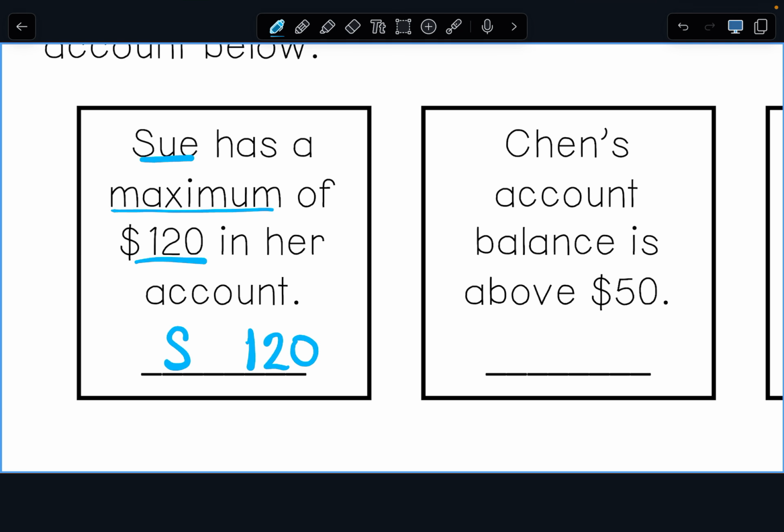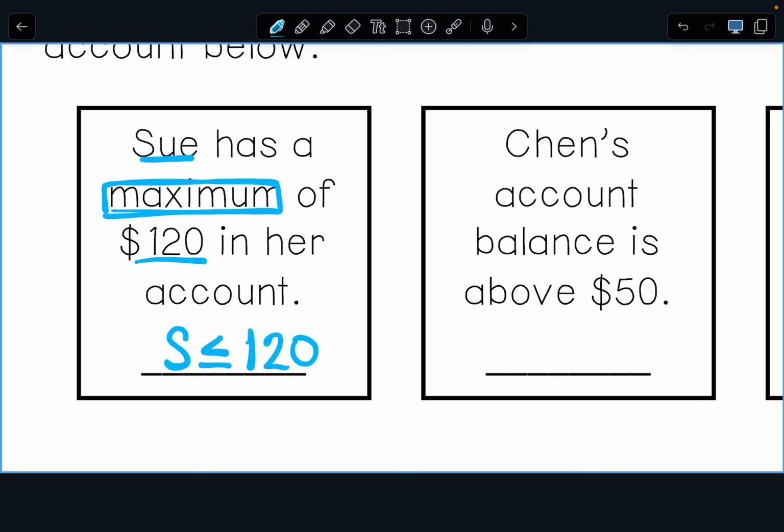But the keyword is maximum. Let's think about where else you would use maximum. You can have a maximum of 100 points on a test, right? Can you get exactly 100 points? Yes. That would mean you can get equal to 100 points. So I'm going to underline. Now, can you get more or less than 100 points? Less. So Sue can get less than or equal to 120.